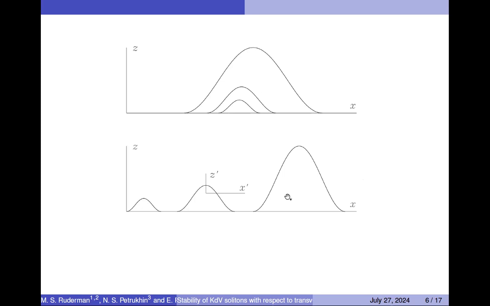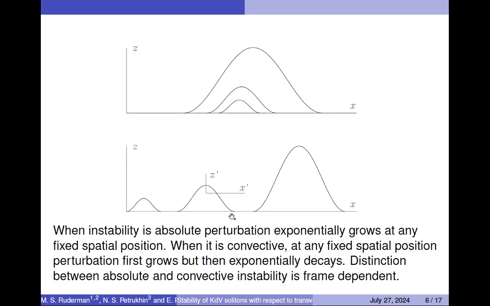However, at any fixed spatial position, it first grows exponentially, but then starts to decay and eventually tends to zero. Of course, the distinction between absolute and convective instabilities is frame dependent, because if we choose another reference frame moving together with the perturbation, then in this primed reference frame, the instability will be absolute.